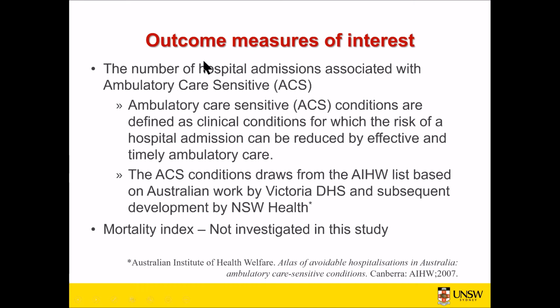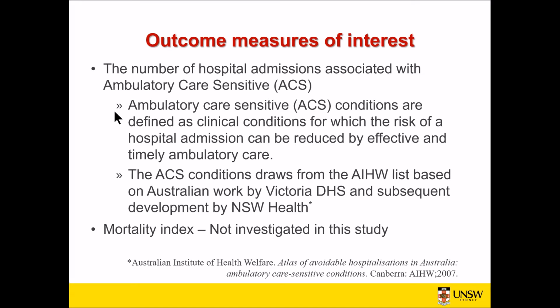And so we use those 2 indices, and we wanted to associate that with the most commonly studied outcomes of continuity of care. One of them is looking at the ambulatory care sensitive conditions. This set of conditions is defined as the clinical conditions for which the risk of a hospital admission can be reduced by effective and timely ambulatory care.